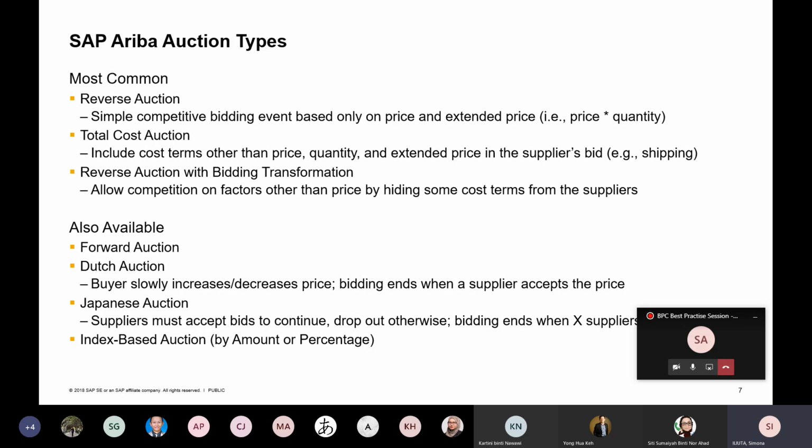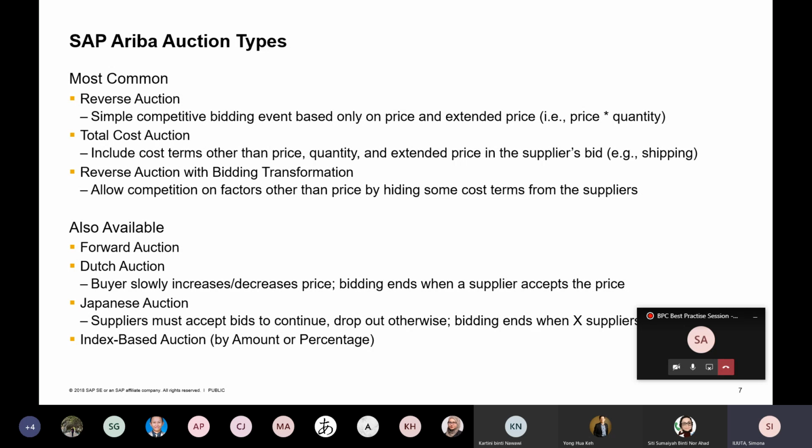We have the Dutch auction, which comes from the tulip market in the Netherlands. The Dutch auction is the most aggressive auction for both the buyer organization and the supplier, and we will see when to use this type of auction.